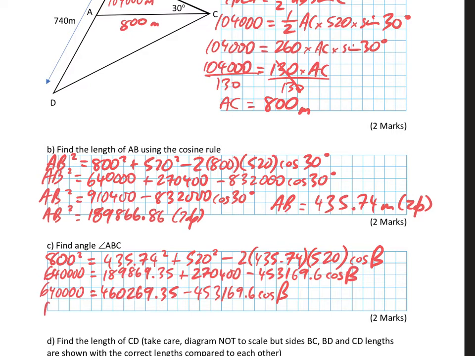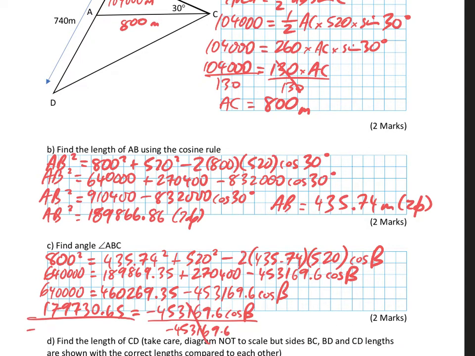What do we have? 179,730.65 equals negative 453,169.6 cos B. That negative 453,169.6 cos B is multiplying, so I divide both sides by that. Negative 453,169.6, that's going to cancel.